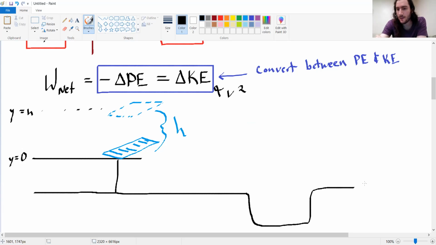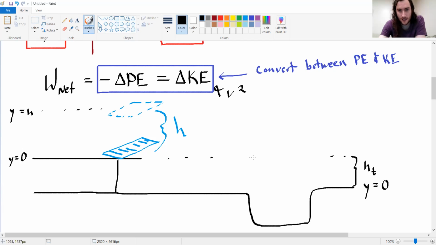They could say, no, I don't like y equals 0 for the table because the table's above the ground. I like to define 0 at the ground level. So I say y equals 0 is here at the ground. And then that person would say, okay, this is the height of the table, which let's say the height of the table is h sub t.